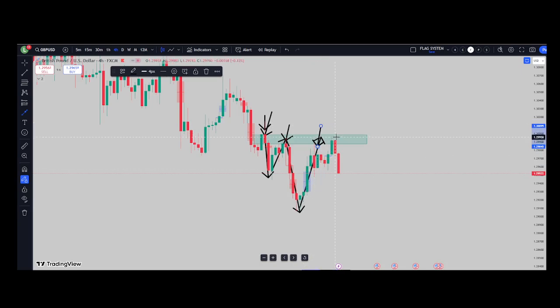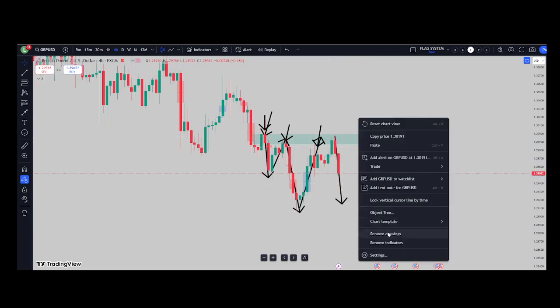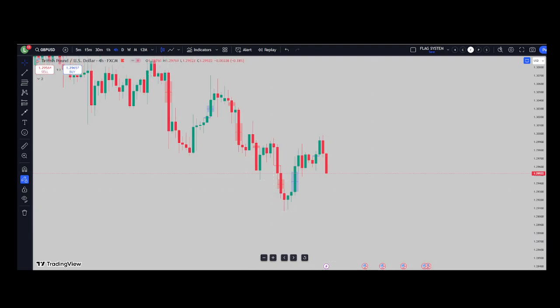Then what happened last week Friday? Price sold down again. If you look at the momentum of the candlesticks after price bought to retest the key level zone, price attempted to break it to the upper side. What happened?